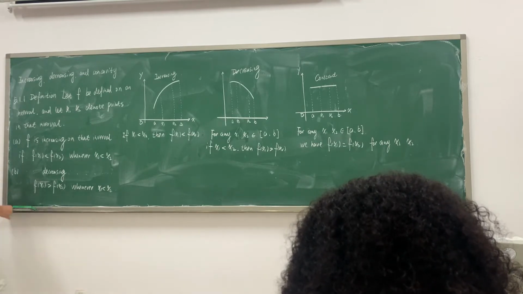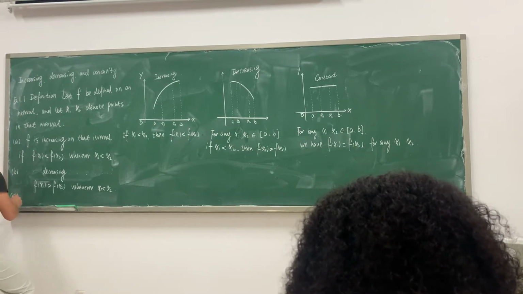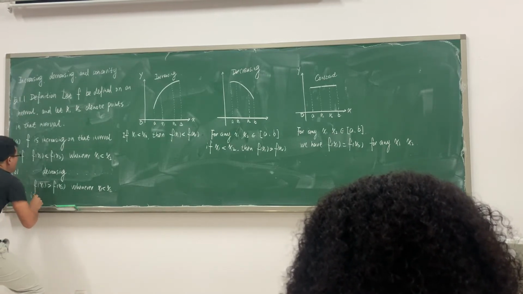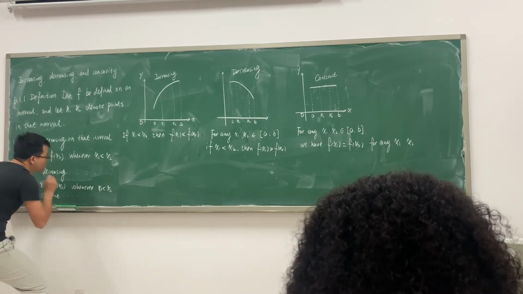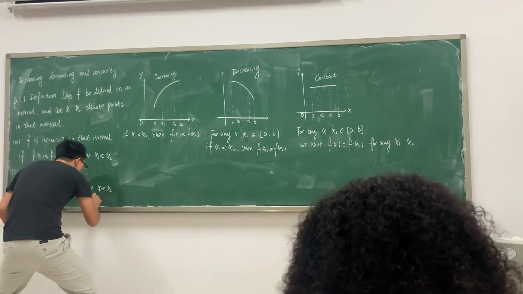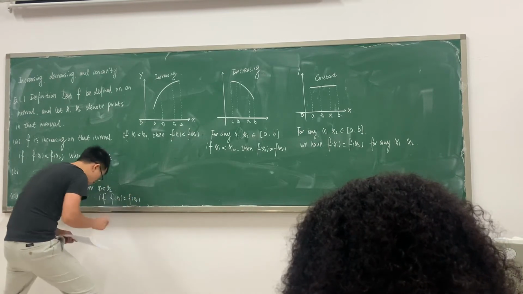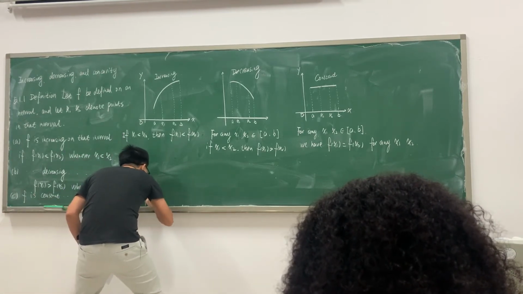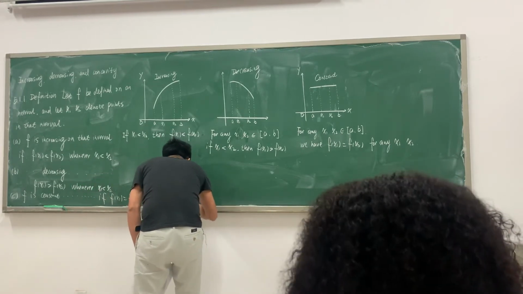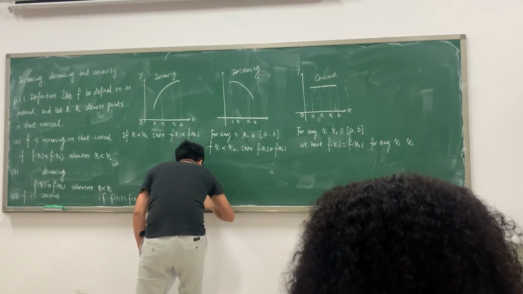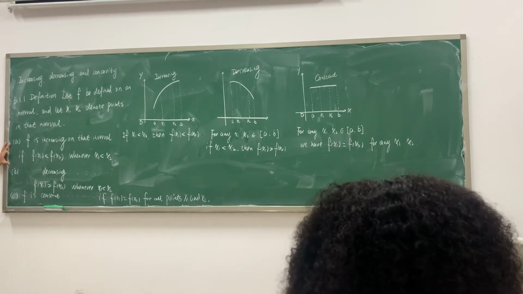And the third: f is a constant on that interval if f(x1) equals f(x2) for all points x1 and x2. So this is the definition.